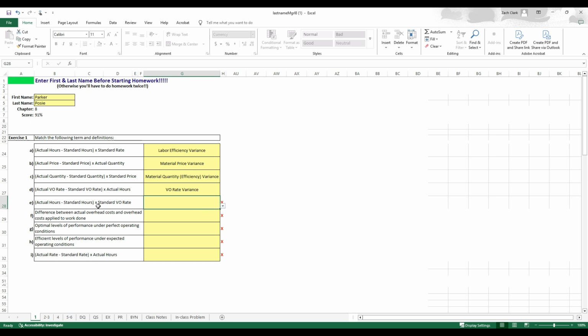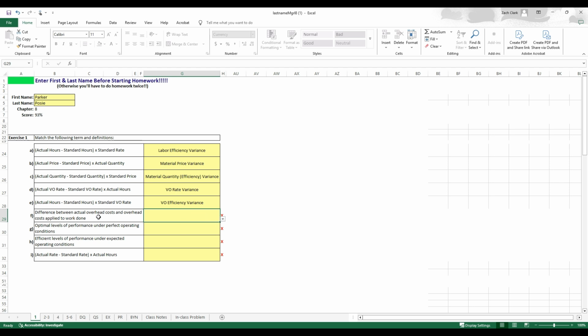Okay, actual hours minus standard hours times standard variable overhead rate. That's going to be how efficient are we in applying the overhead, the overhead efficiency part. Similar thing, not something we specifically calculated out, but that is what this formula is doing. Won't be on the exam, like I said.